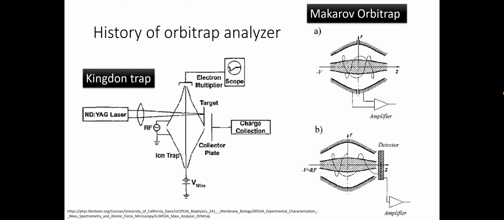The Orbitrap gained great interest for mass analysis of biological samples because of its high resolution and high mass limit. Most other mass analyzers are limited to molecules 2 kilodalton to 4 kilodalton in size. This will require samples to have a charge greater than 50 to be able to measure a sample with a mass of 100 kilodalton.